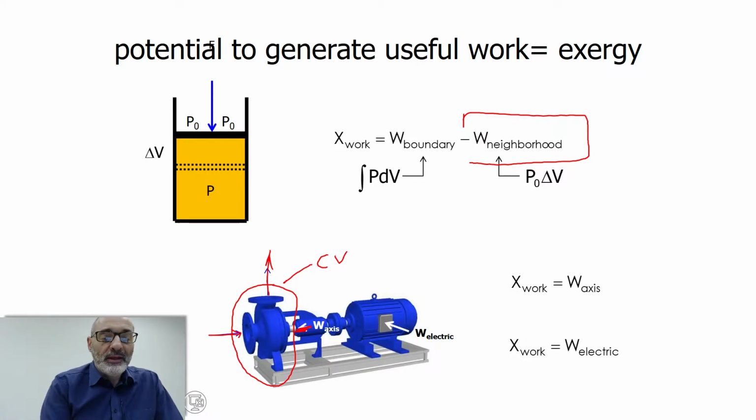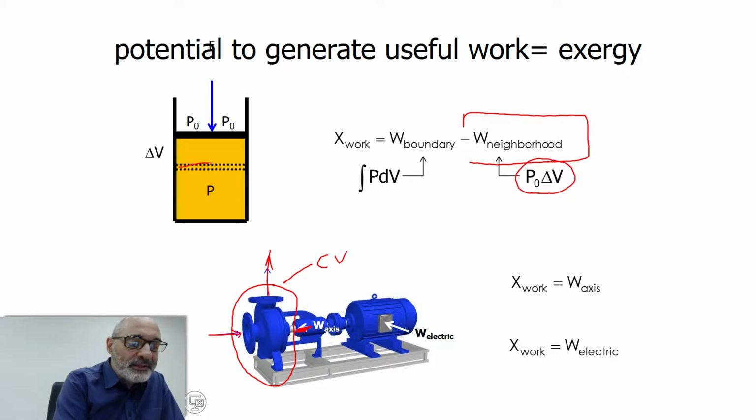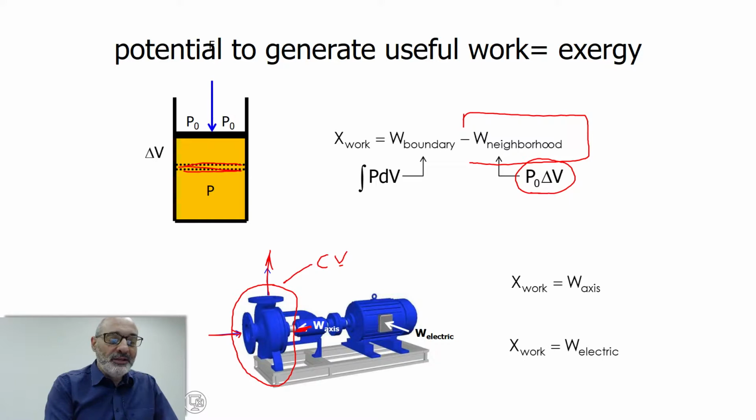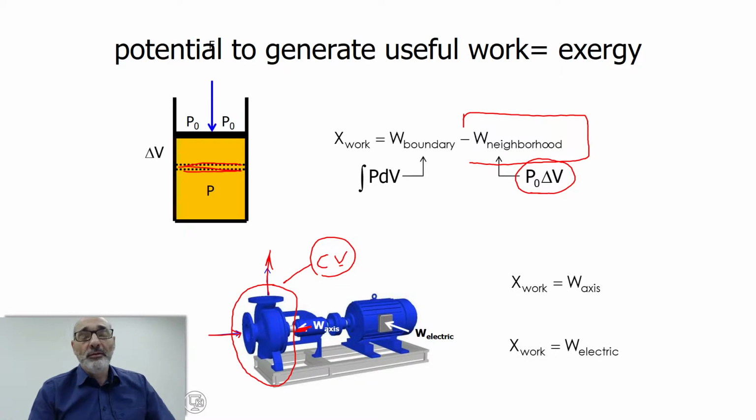Let me ask you a question. Is there a surface belonging to the control volume that is moving and applying force on the environment, in the case of the open system? No, the surface of the pump is not deforming. You only have mass entering and mass exiting, but there is no boundary work.